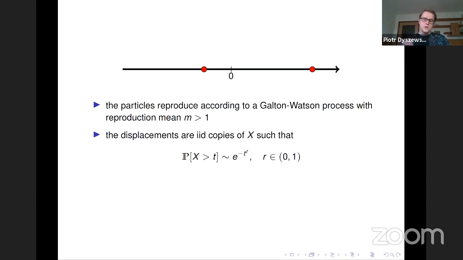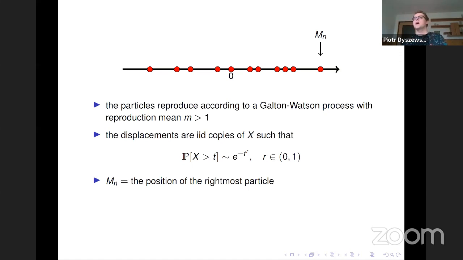All right, so the dead particles are removed from the system, and then they reproduce as previously. So they produce some random number of other particles, which are then placed on the real line. And this system evolves for some time according to this rule. And after some time, you do get a collection of particles on the real line.